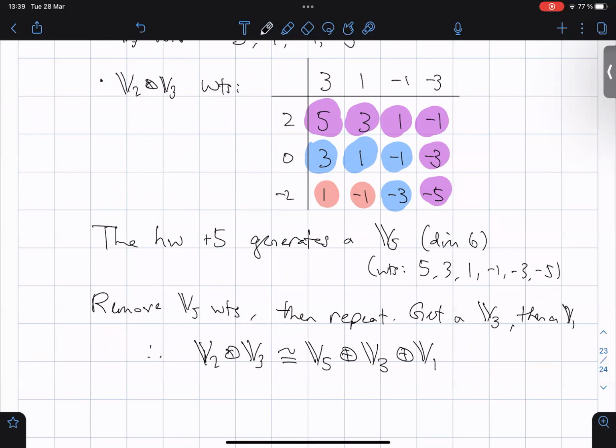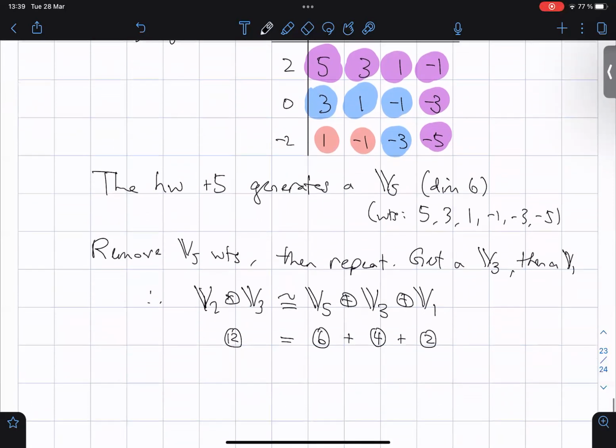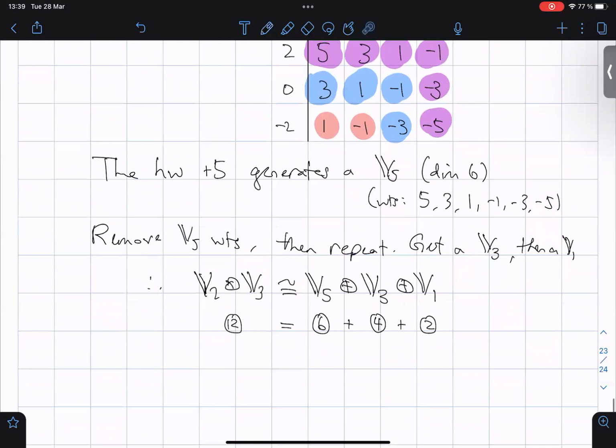So we argued before, 3 times 4, so this is dimension 12. And here, this is dimension 6, dimension 4, dimension 2. So it all adds up. Questions on that?